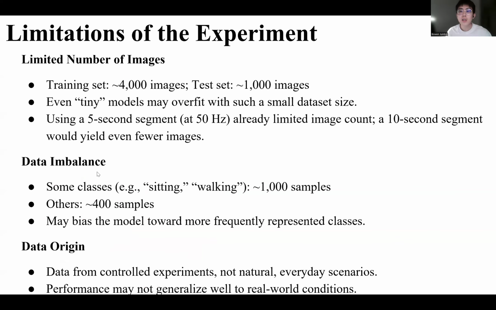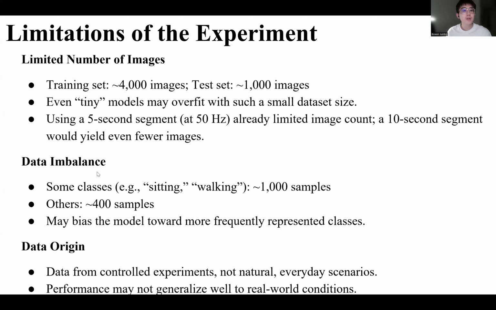Let's move on. Finally, we talk about the limitations of the experiment. The first limitation is the number of images. For my training dataset, it only has 4,000 images and 1,000 images for the test dataset. I think they are not enough for the image classification model to learn.